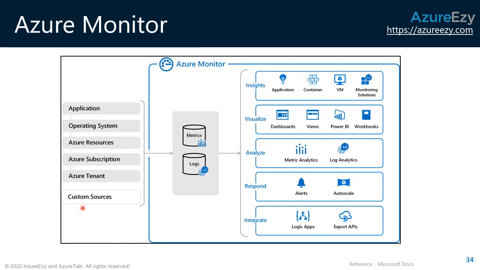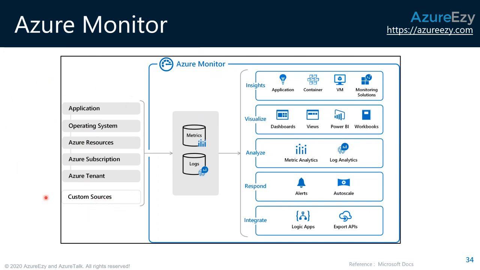When you say custom sources, it means any custom deployed application or your on-prem environments as well. Then your SCOM server and so on, you can integrate it there as well. Those are known as the custom sources.